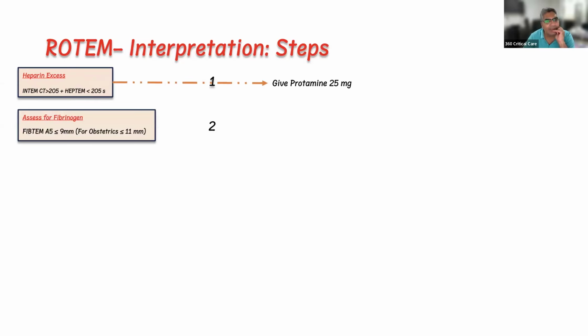The second step is you assess always fibrinogen. As I said, this is the most important stage, and fibrinogen is the most important and earliest factor that gets depleted during bleeding. So you have to first assess the fibrinogen. Depending on what machine you are using and what setup you are in, there is a particular algorithm that we go.